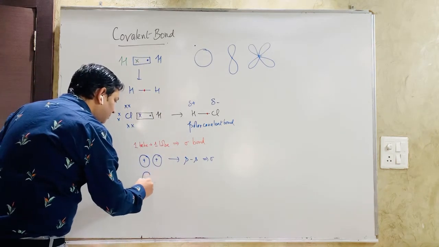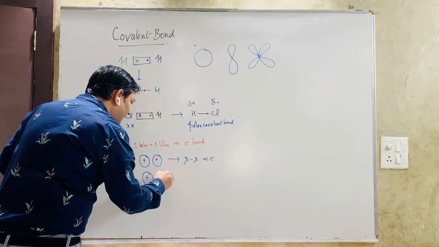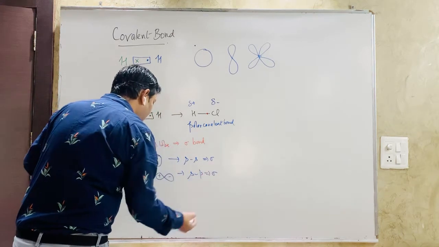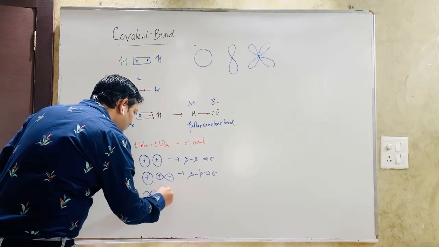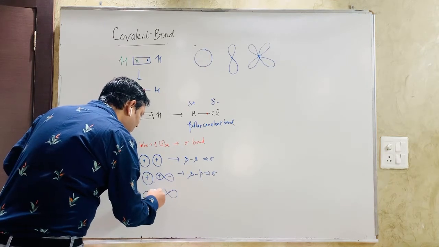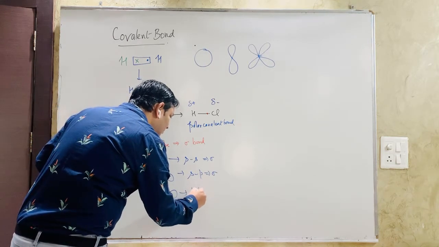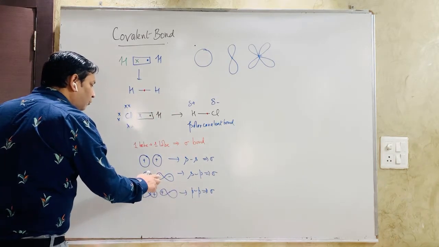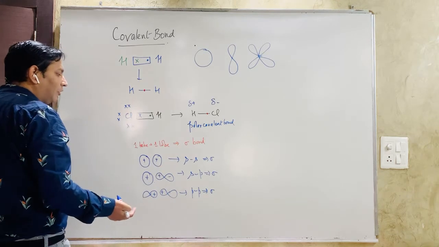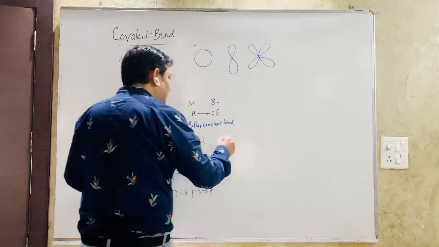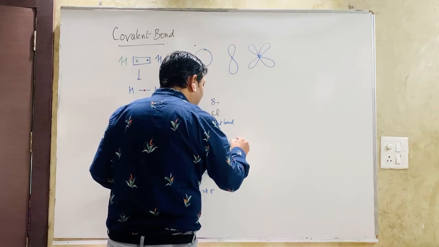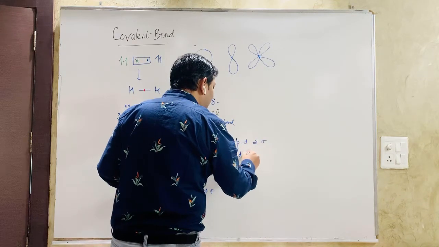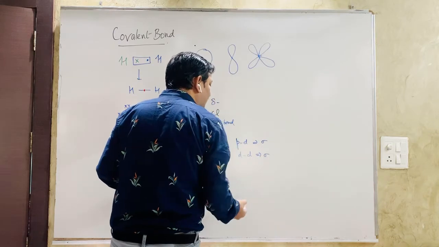An s orbital and a p orbital can overlap to form a sigma bond. A p orbital and a p orbital can overlap to form a sigma bond. You are seeing one lobe, one lobe each time. So they are all forming what? Sigma bond. Similarly, p and d can also form a sigma bond. d and d can also form a sigma bond.